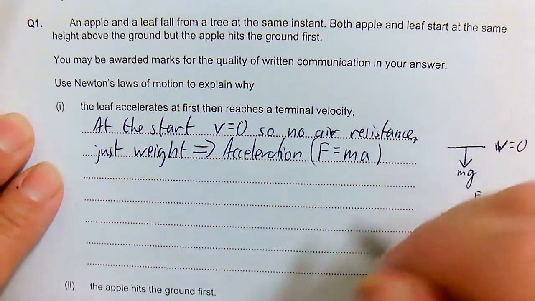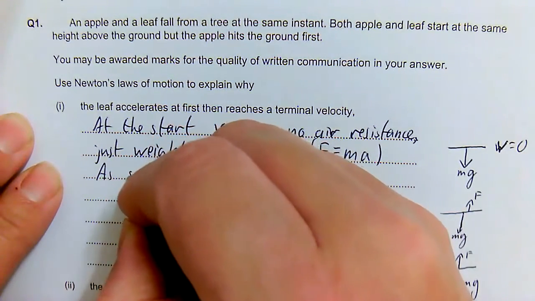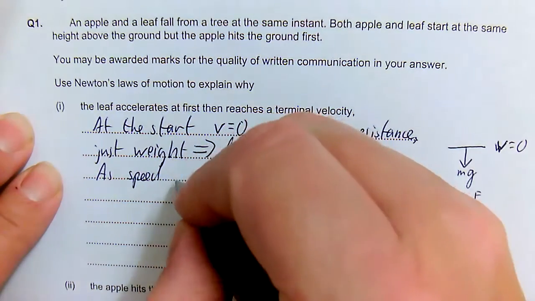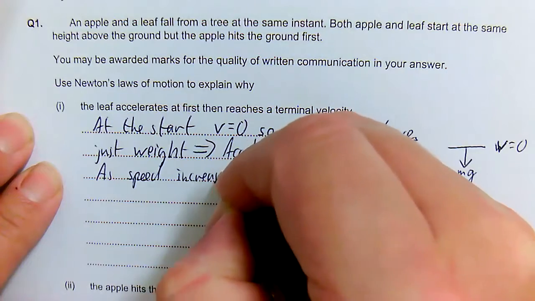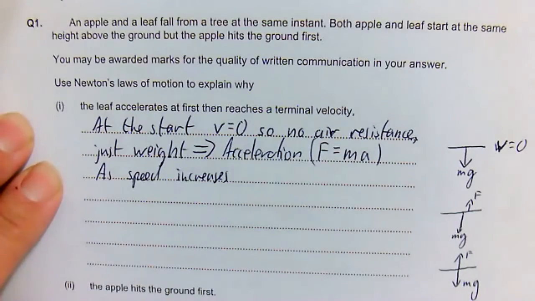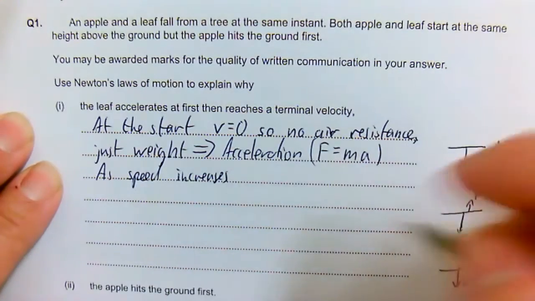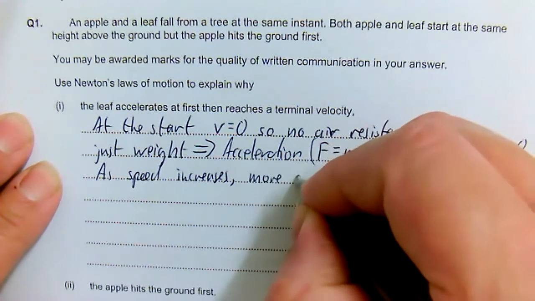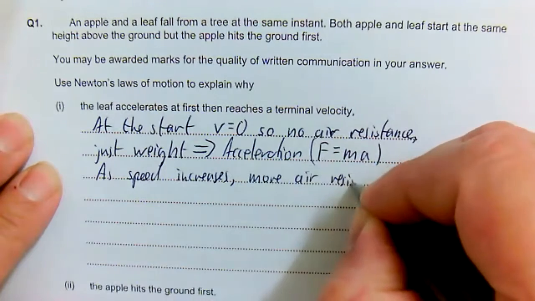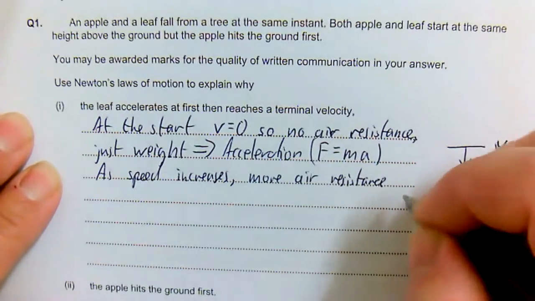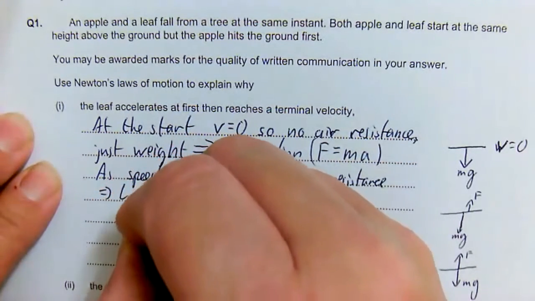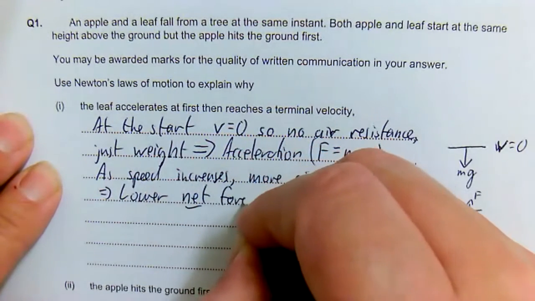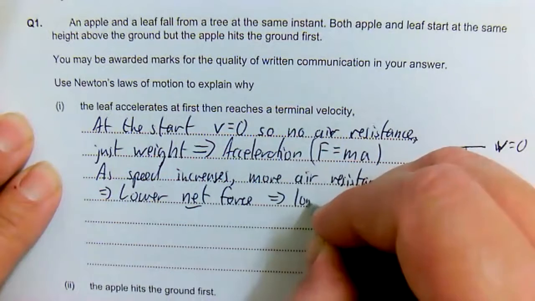So that's the idea, there's acceleration. We could say then, as the speed increases, then we know that there'll be more air resistance. More air resistance, which implies a lower net force, which implies a lower acceleration.